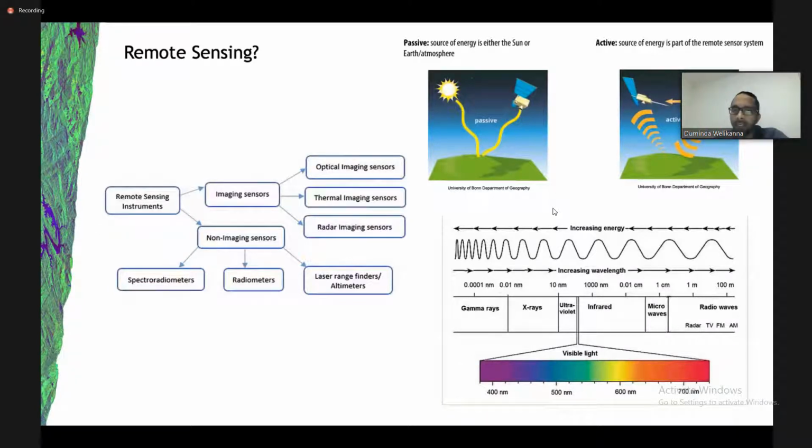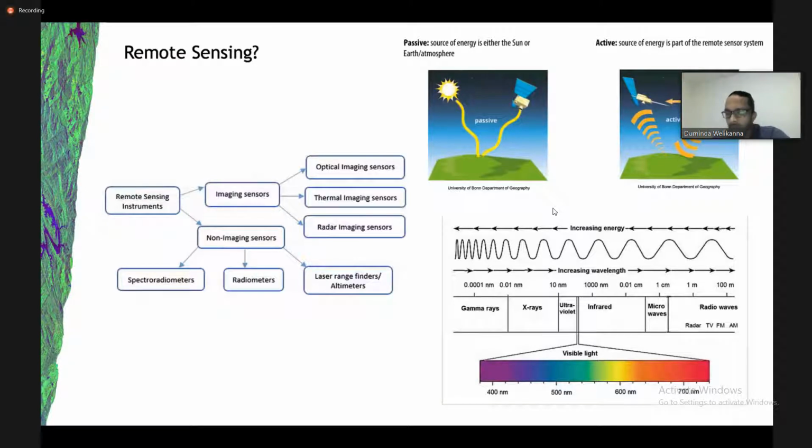But imaging sensors are more concentrated over the visible, infrared region as well as microwave region. So thermal sensors detect the emissivity, while the optical sensors detect the reflected energy, while of course the radar images detect the scattering properties from objects.